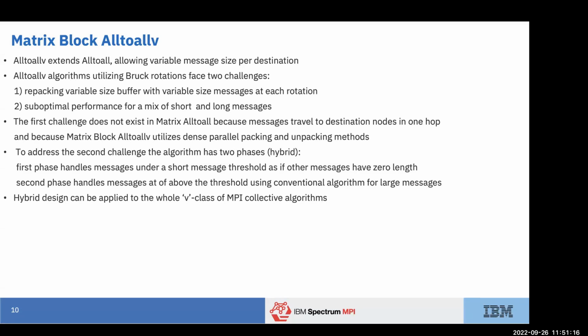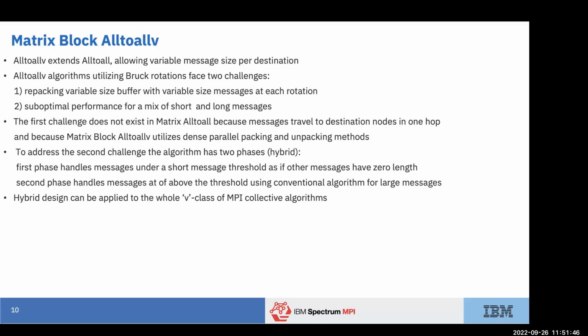To address the second challenge, we designed a split algorithm in two phases. So essentially, it's a hybrid algorithm. In the first phase, messages below a short message threshold are sent using the matrix block algorithm, similar to Alltoall, and the messages above the threshold are considered to have zero length.